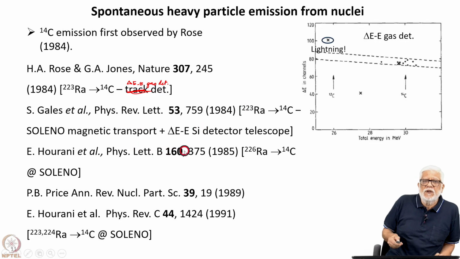Then of course you can use a delta E-E detector, because now you don't have all those alpha particles coming and hitting them, only a few of them, and therefore you can afford to use a silicon detector.